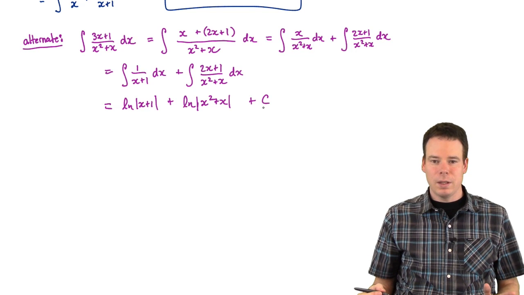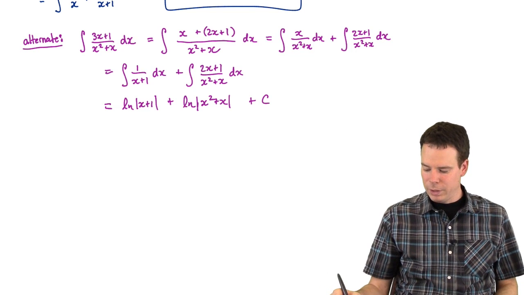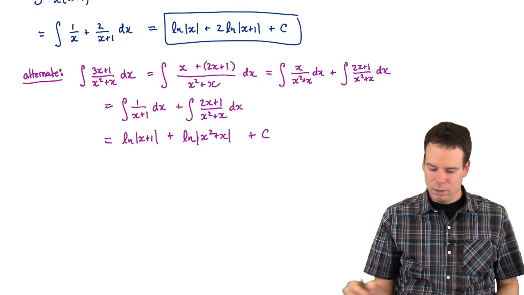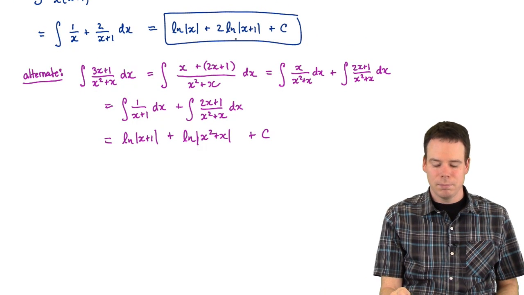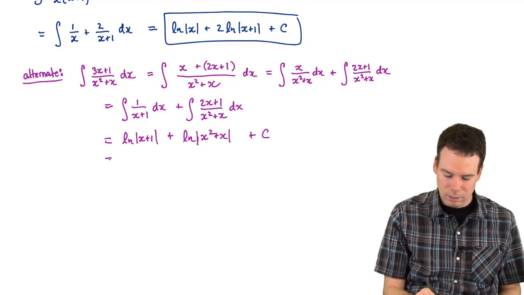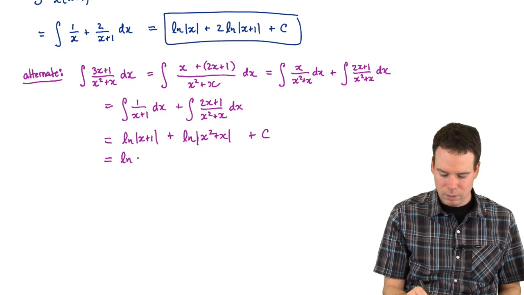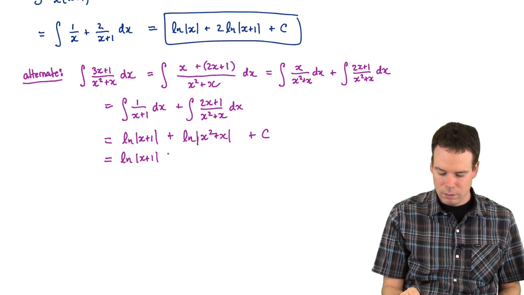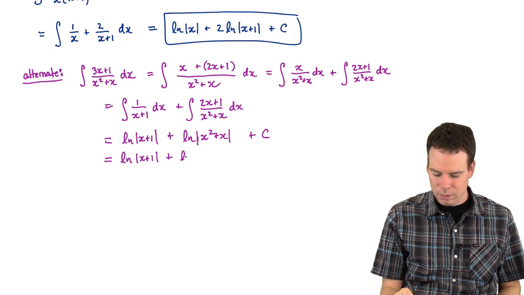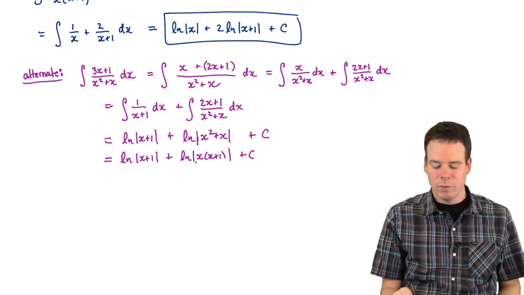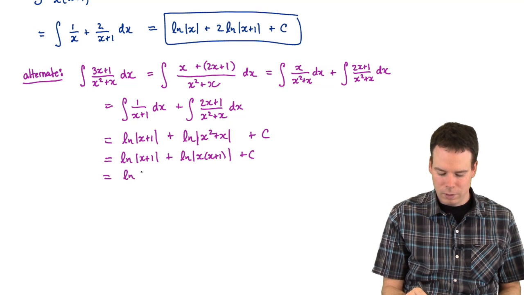Now, is this the same thing that we had before? If I look back at my answer previously, well, it doesn't look the same, but it is. How do we know it is? Well, I can write this logarithm as the logarithm of x times x plus 1. The logarithm of a product is the sum of the logs.